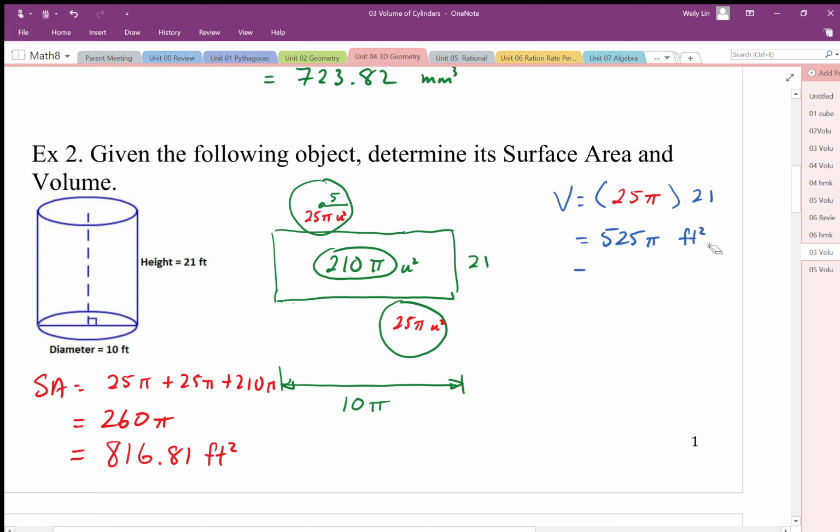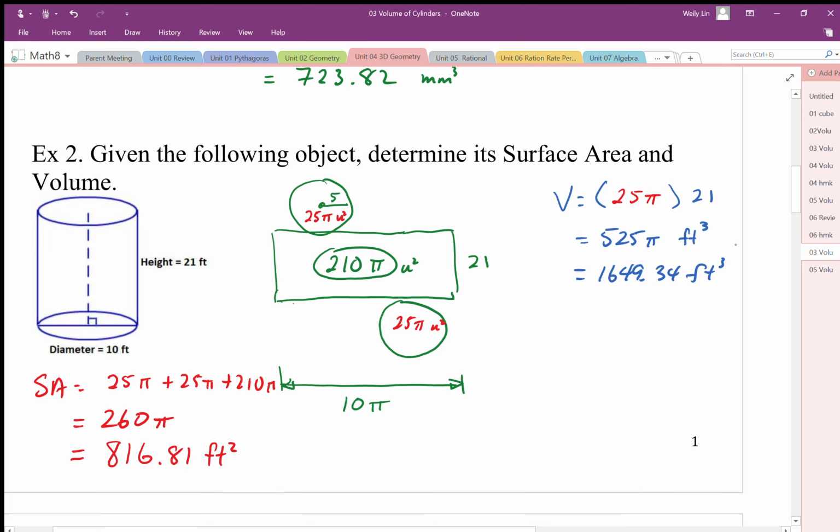Oh, sorry, cubic feet, because we're talking about volume. We times that by pi if we want the decimal. So 525 times pi gives us 1,649.34 cubic feet. So there's our volume.